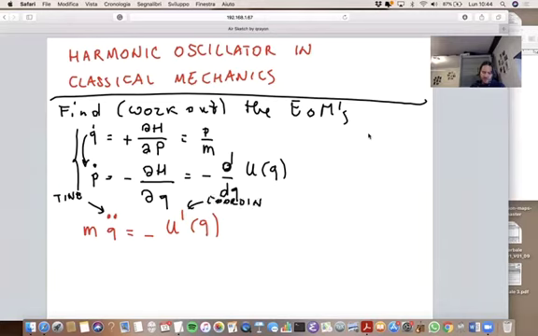Now, since we are on one dimension, I don't need to use partial derivatives whatsoever. So if I do that, I can rewrite my equation explicitly in the following way.